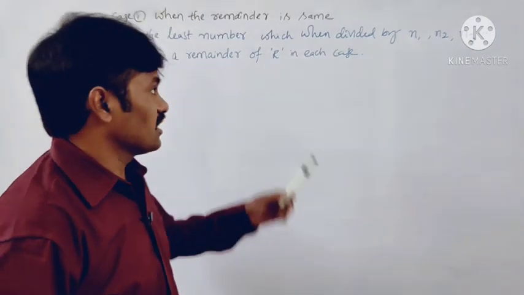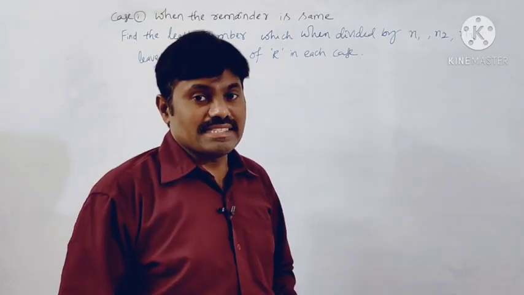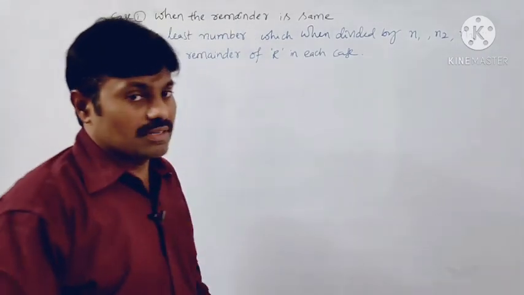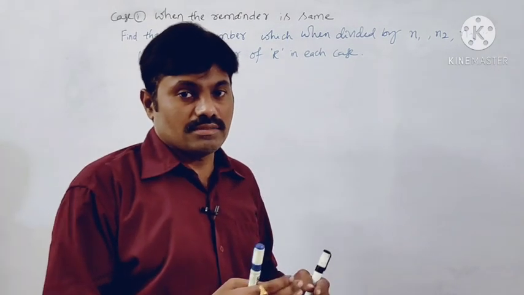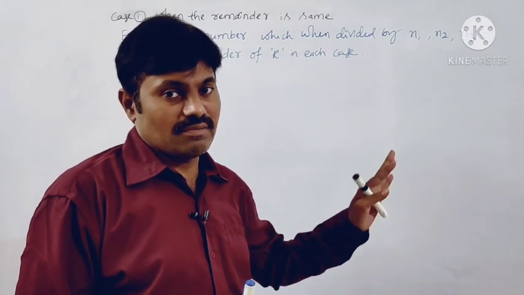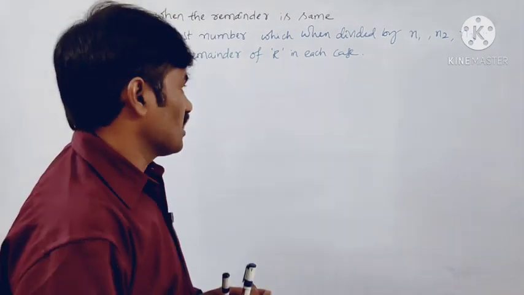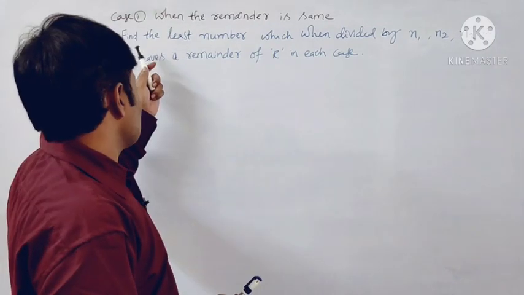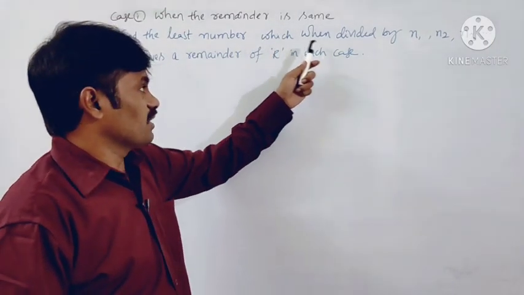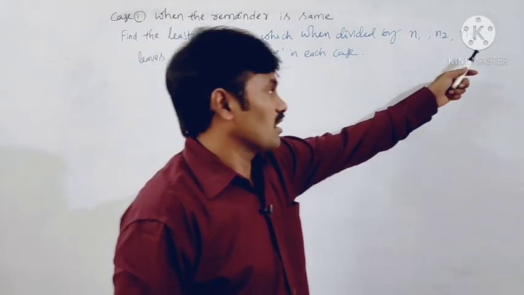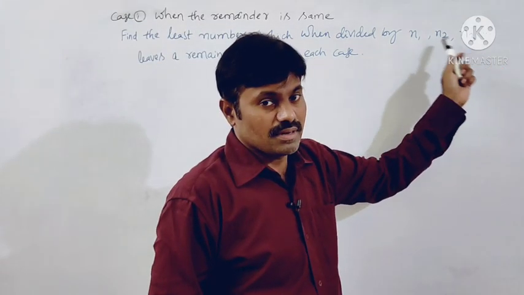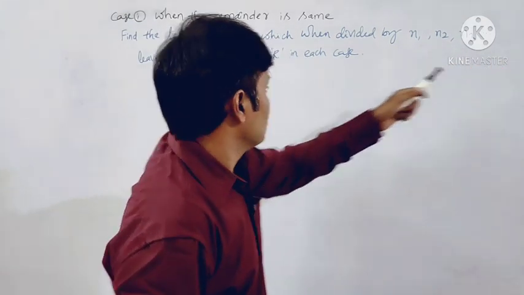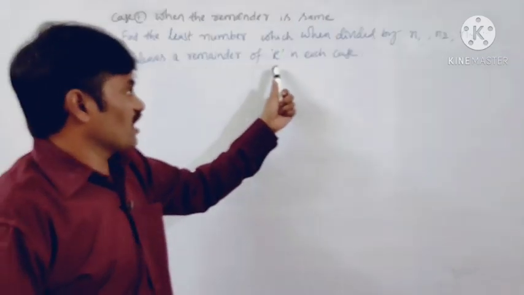See, in case 1, the remainder is the same. If it is a remainder based problem and the remainder is the same, how do we solve these types of problems? For example, find the least number which when divided by n1, n2, n3 and so on, these being the divisors, leaves a remainder of R in each case.